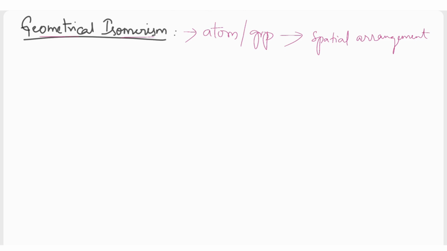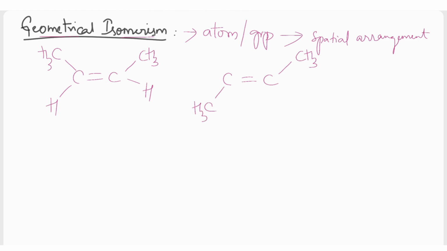For example, if we consider the butene molecule, this is one type of arrangement, and the same butene with CH3 on the opposite side and H on the opposite side will result in one more molecule. Now this is called the cis isomer, and this is called the trans isomer.